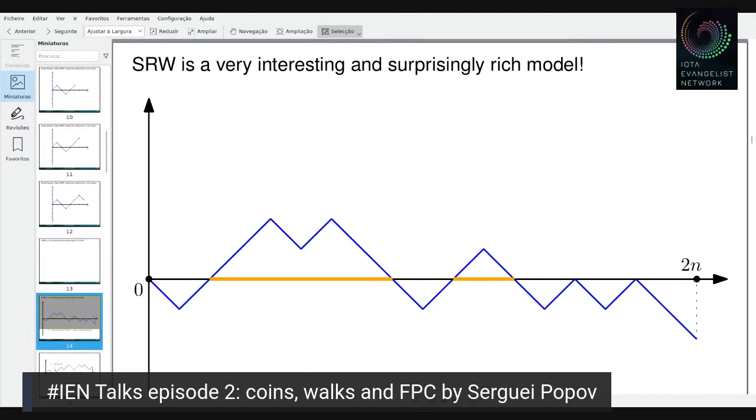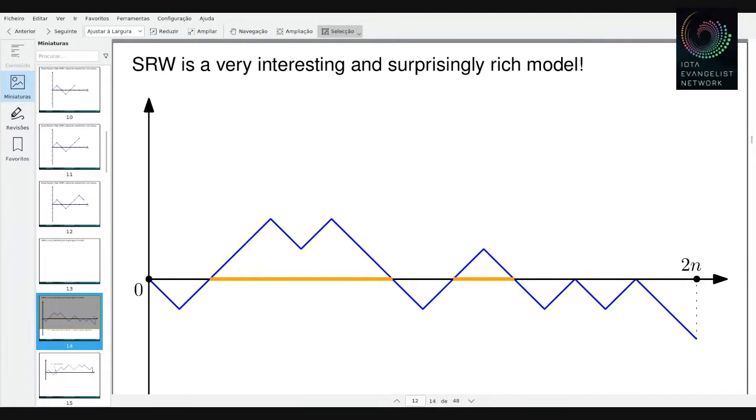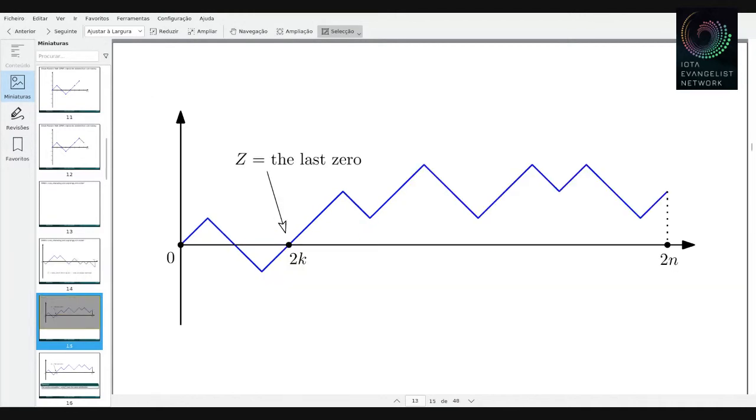Initially they had equal capitals, but then at each time moment, the height here would be the gain of the first player. So this T can be interpreted as the time when the first player was leading the game, was ahead in the game.